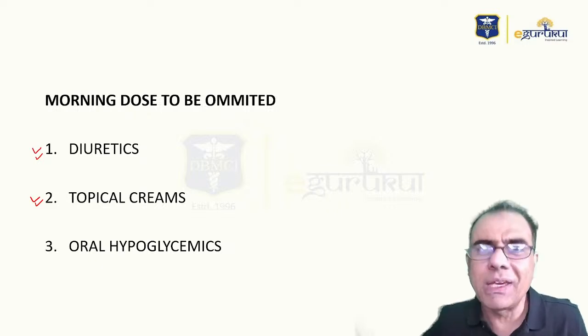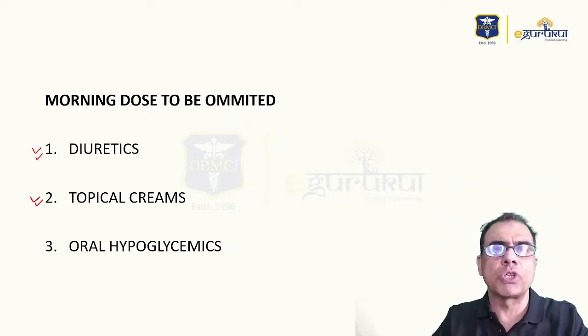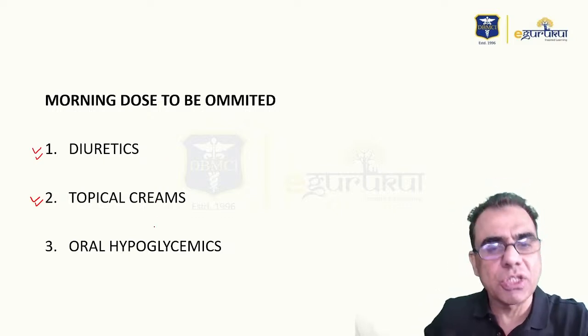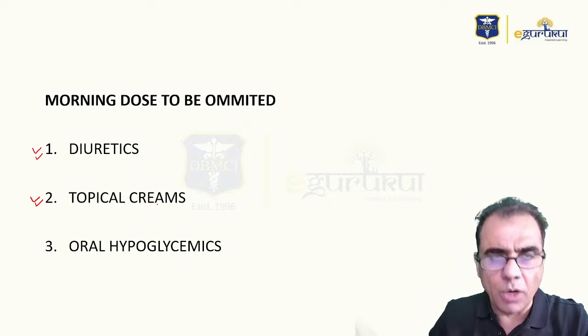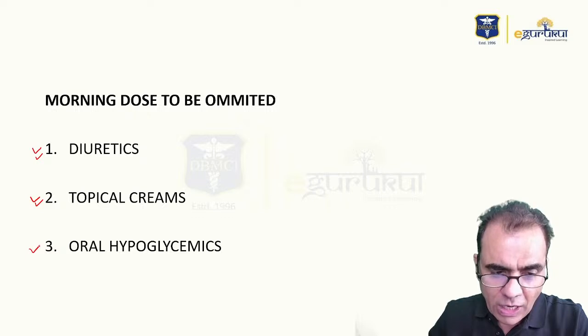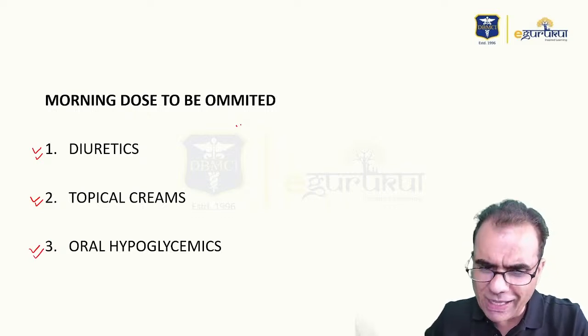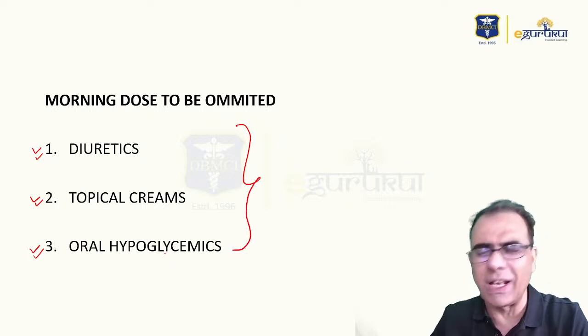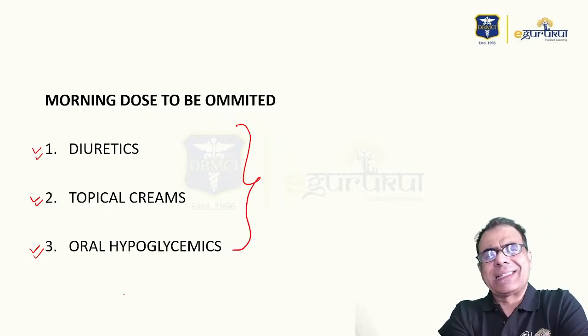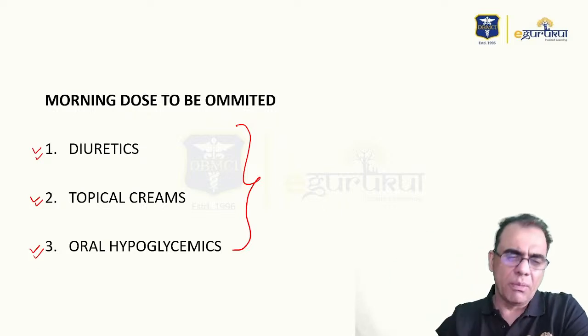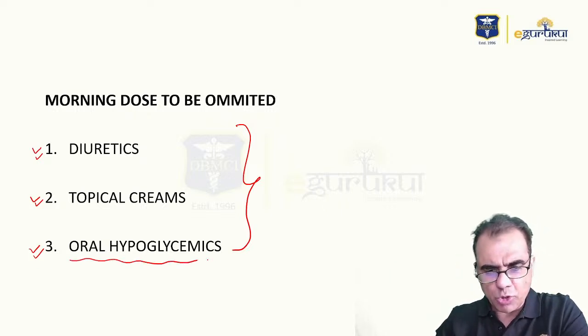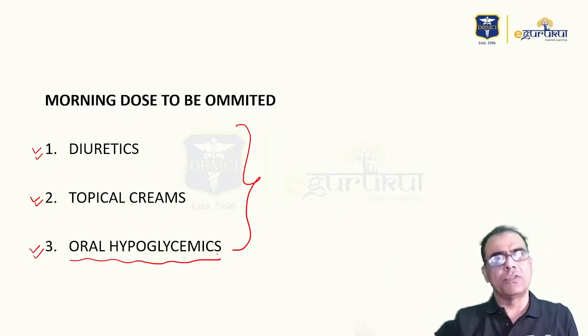So these chemicals, by reacting with antiseptic solutions, can produce skin reactions. So we have to stop on the day of the surgery. Oral hypoglycemics also should be omitted on the day of the surgery. Although there are some exceptions to oral hypoglycemics, that much detail is not required for you. Or simply you can remember oral hypoglycemics should be stopped on the day of the surgery.